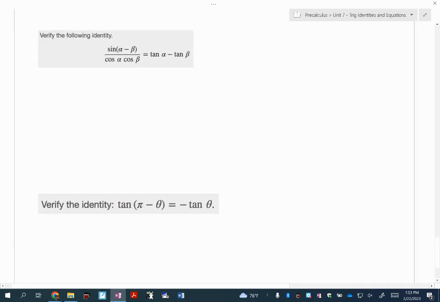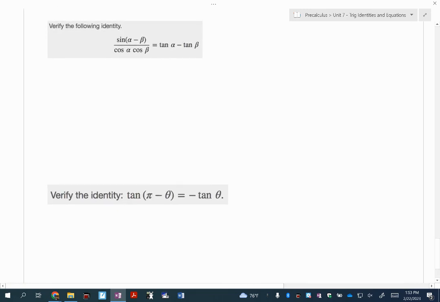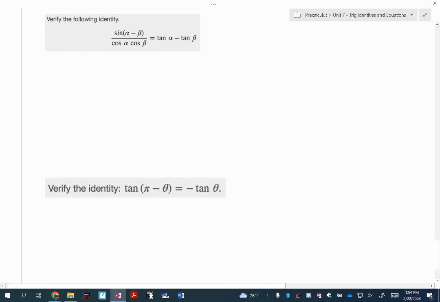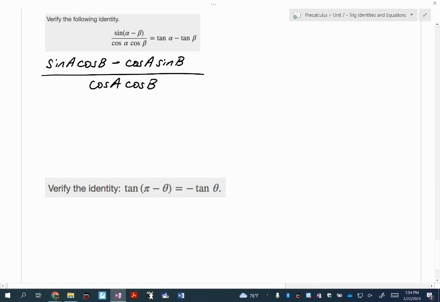Okay, let's do that with this one as well. I'm going to take the numerator, which is the sine of a minus b, and expand that using one of my identities. So the sine of a times the cosine of b minus the cosine of a times the sine of b, all over cosine of a times the cosine of b. Now, this is 2 terms in the numerator of the fraction, and we have 1 in the bottom.